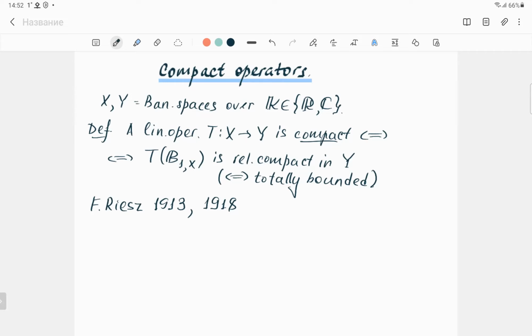Okay, let's now make some simple observations related to this definition.